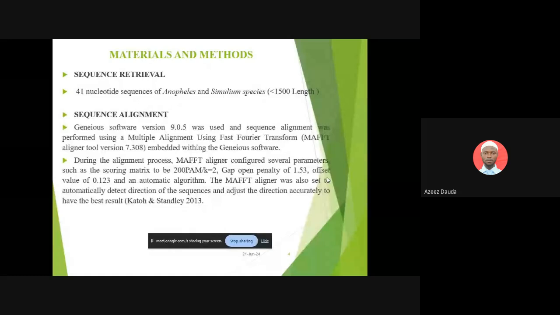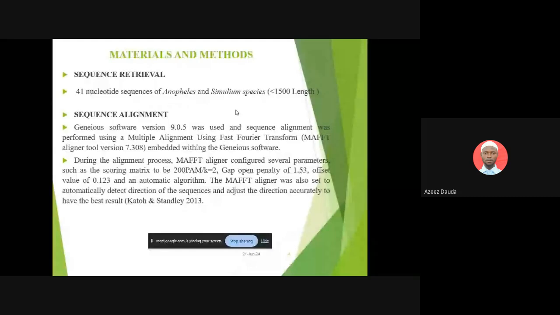However, my materials and method include: we collected 41 nucleotide sequences of Anopheles mosquito and Simulium species. The Anopheles mosquitoes, especially Anopheles gambiae, are the major vector of malaria parasite, while Simulium species, I mean Simulium damnosum, majorly, is the major vector for river blindness, that is onchocerciasis.